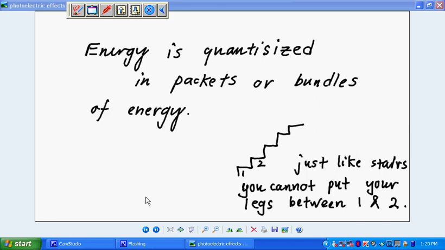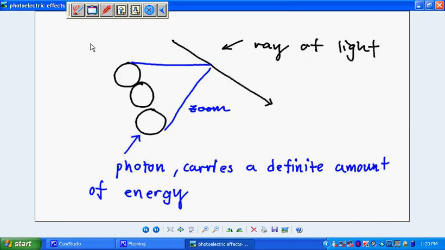So this ray of light, if you look inside, is actually a stream of photons, a stream of particles. You can think of it as a river without the water, but a lot of colorful ping pong balls flowing along the river line. So this photon carries a definite amount of energy.